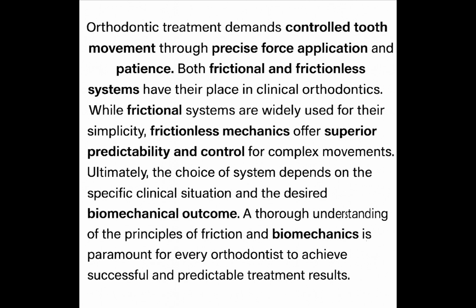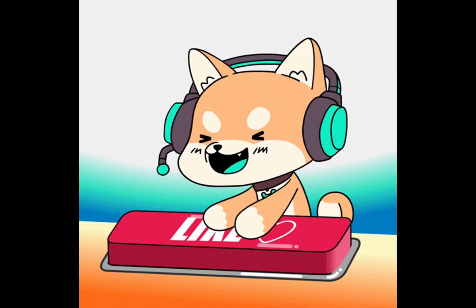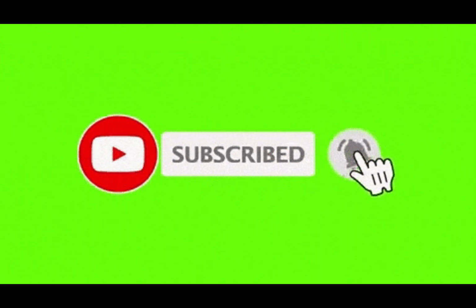Ultimately, the choice of system depends on the specific clinical situation and the desired biomechanical outcome. A thorough understanding of the principles of friction and biomechanics is paramount for every orthodontist to achieve successful and predictable treatment results. We hope this deep dive into frictional and frictionless systems has clarified these essential orthodontic concepts.